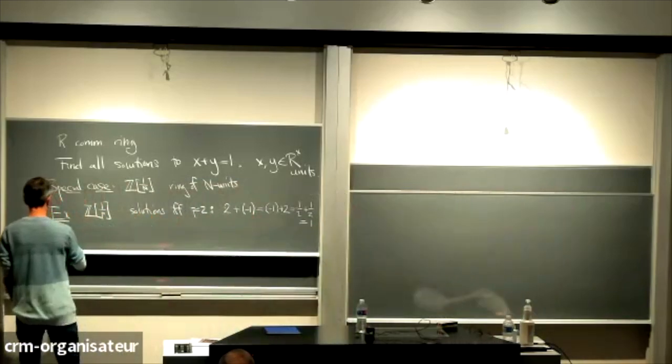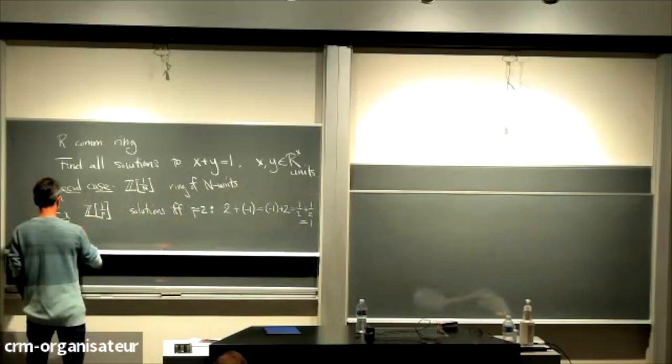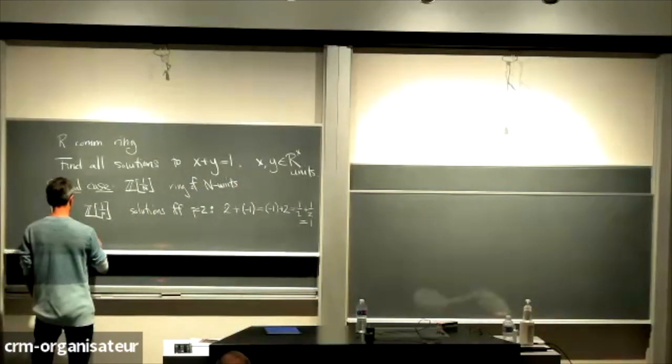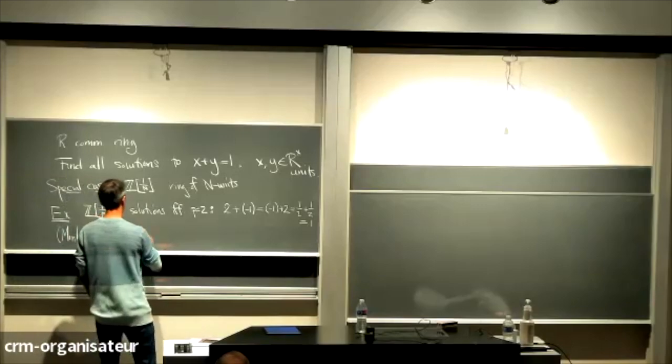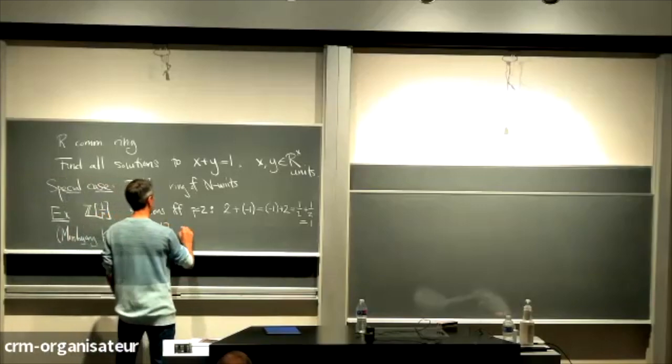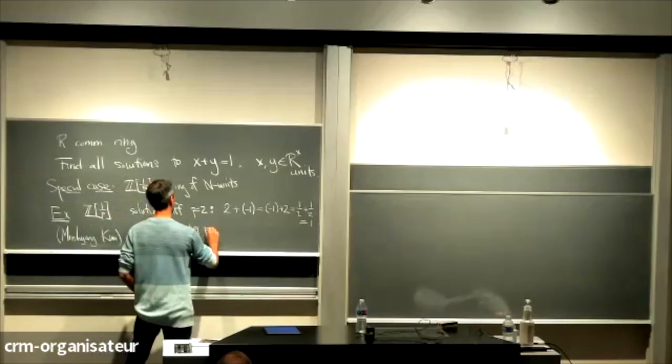Maybe, what if you had two primes? This was told to me by Min-Young Kim. So let's say I have Z adjoin 1 over p and 1 over q, with p not equal to q prime.